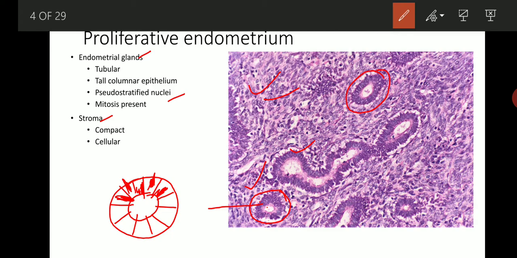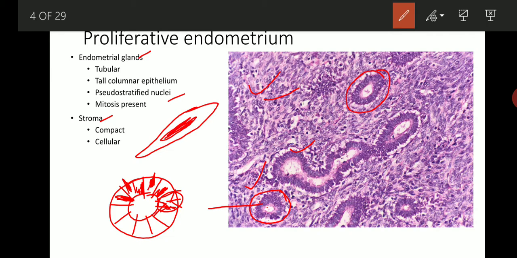And because this is a proliferative phase, the glands are proliferating, that means they are undergoing cell division. So you will see mitosis. You will see mitotic cells in the epithelium. You do not see mitotic cells in the normal secretory endometrium. If you pay attention to the stroma, it is usually composed of spindle cells because they are mesenchymal cells. So the spindle cells are like this.